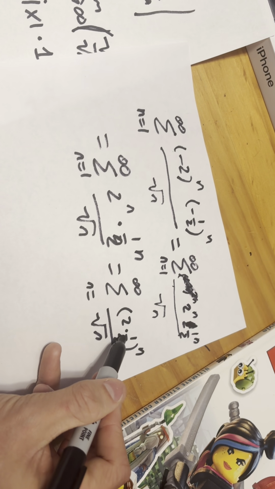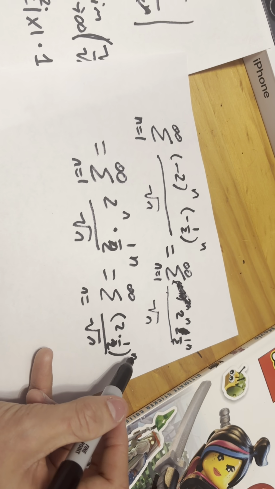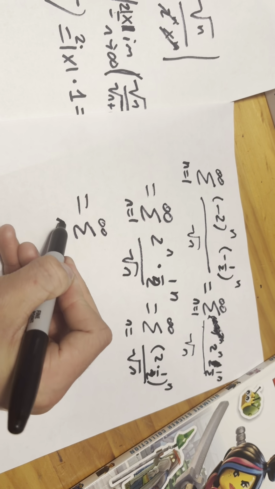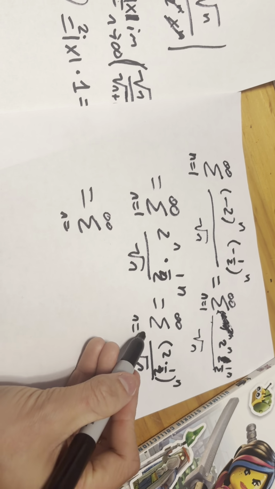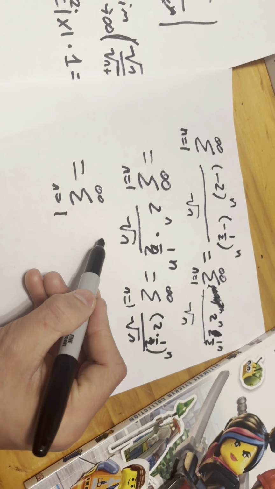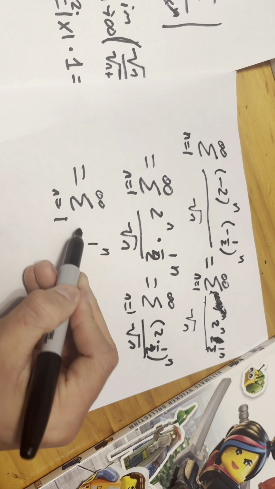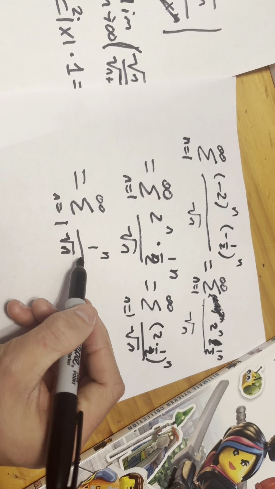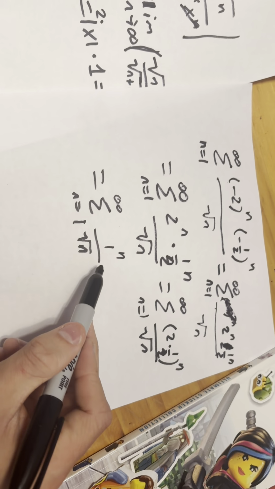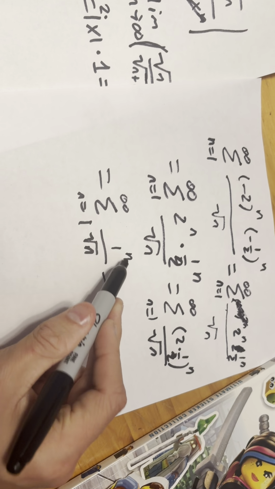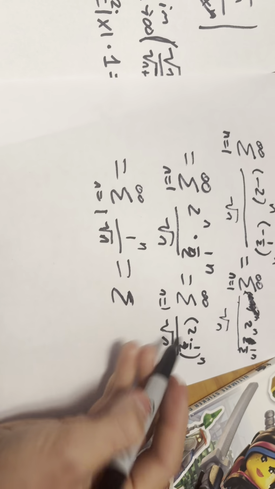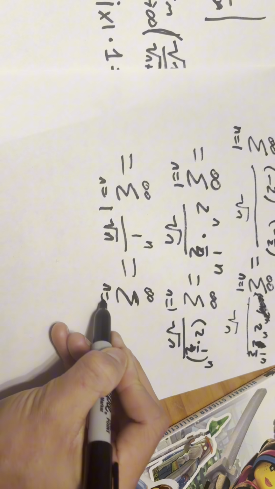This is going to equal 1, and then 1 to the power n. That's always going to be 1, no matter what n you plug in, so we just take out the n.